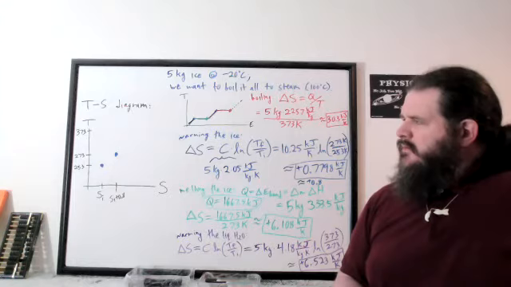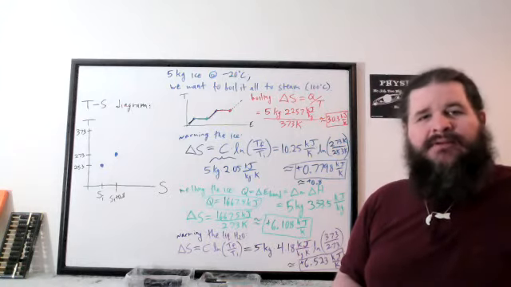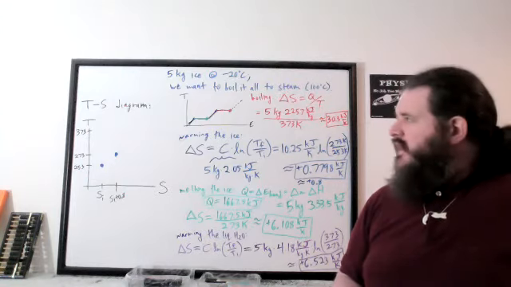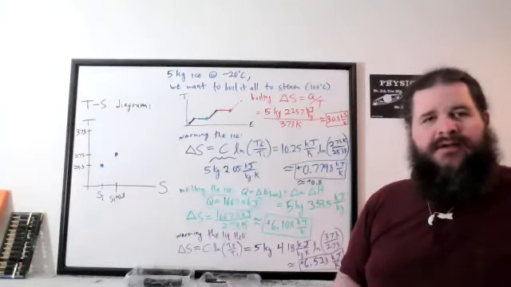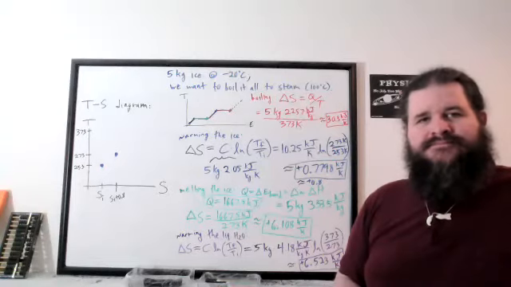And the shape of that path, much like the pressure volume graph, the shape of that path is all about how much of it is heat versus how much of it is work. And in this case, what are we assuming about heat versus work? Are we assuming that it's all heat?